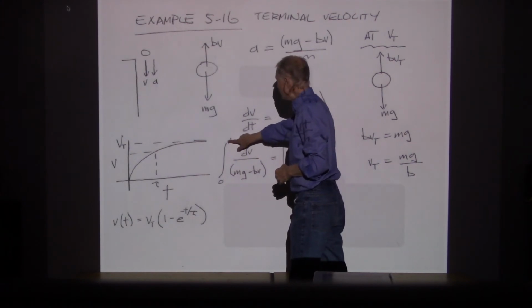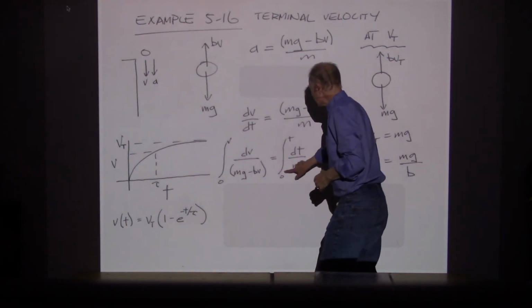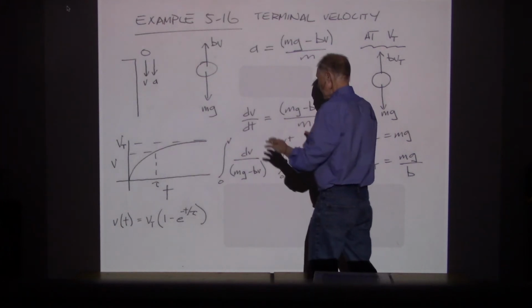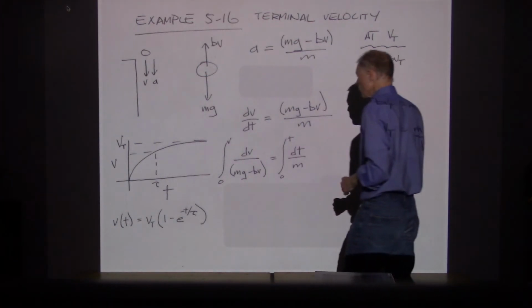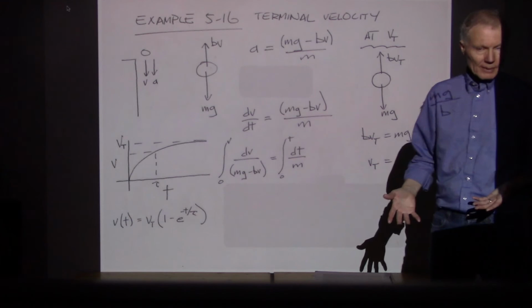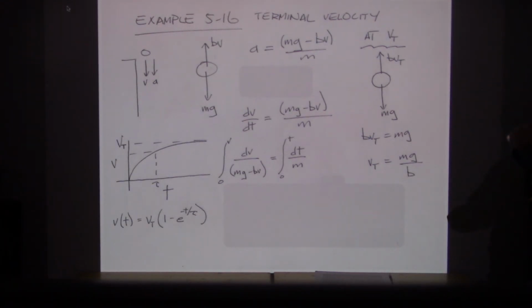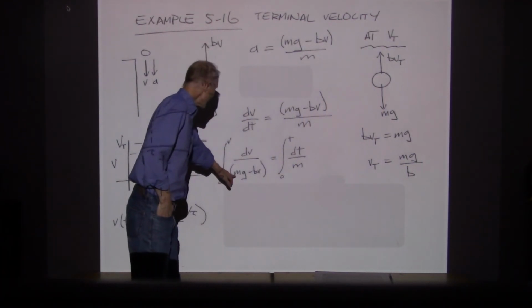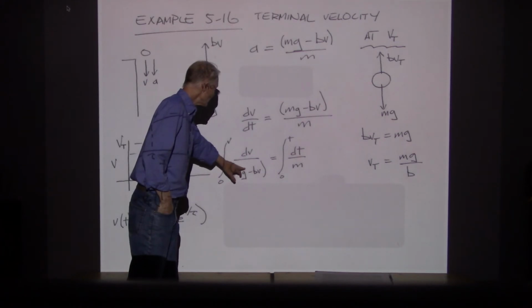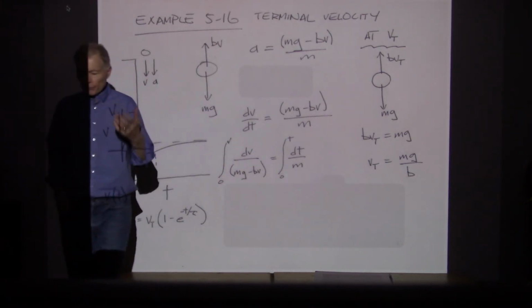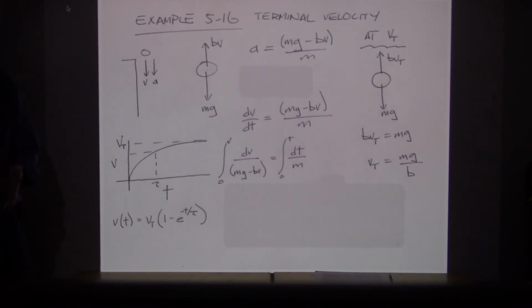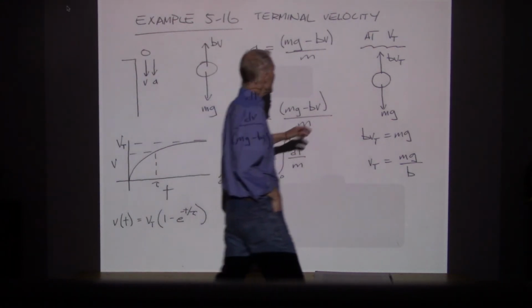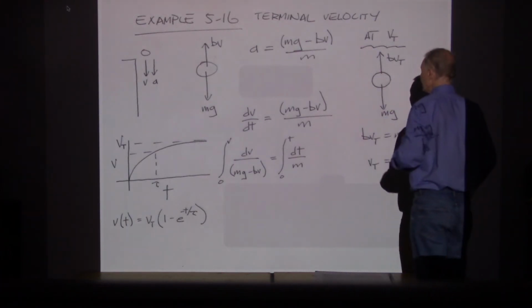It's going to gradually pick up speed as time increases, and the stuff inside the integral signs tells us how to relate increases in time with increases in velocity. And that depends on the mass of the object, the gravitational field, and what the air resistance coefficient, b, is equal to.